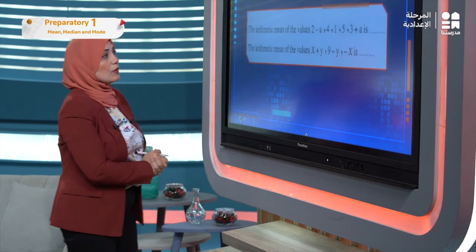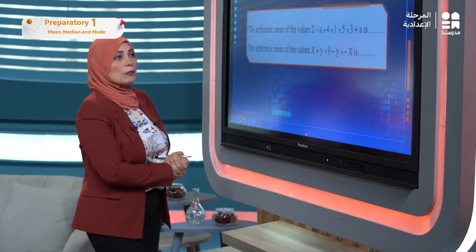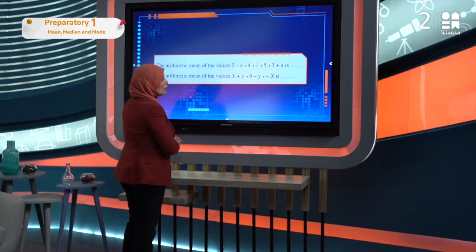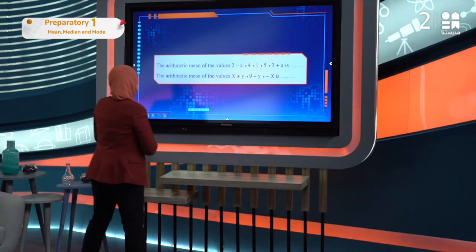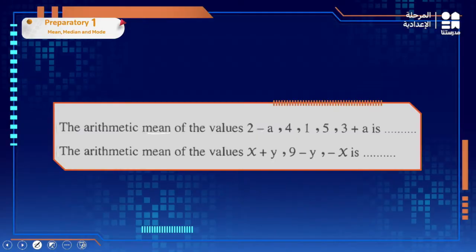Another one. Find the arithmetic mean of the values 2 minus a, 4, 1, 5, 3 plus a. How can we find it? To find the mean, we have to add all of them.